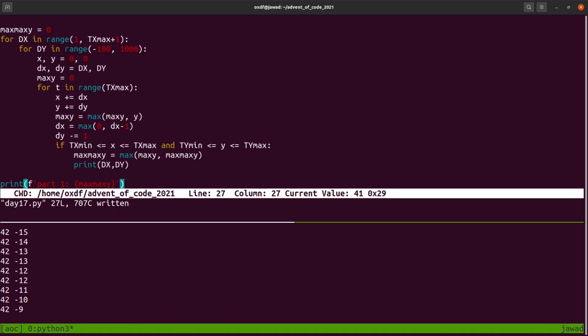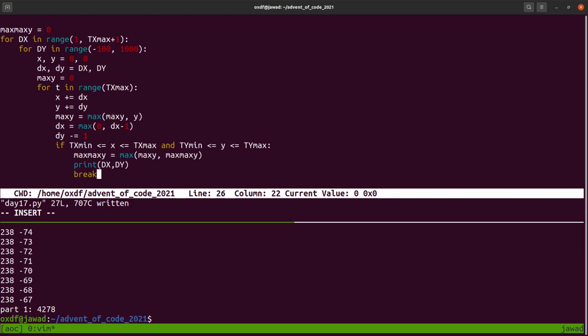It's a little bit slower on the puzzle input, unsurprisingly. A lot more points are landing in, for sure, if we've done it right. There's some things we can do to speed this up, for example. I'm looking now. So, for example, we can break here, because we are done with that. Let's see if 4278 solves it.